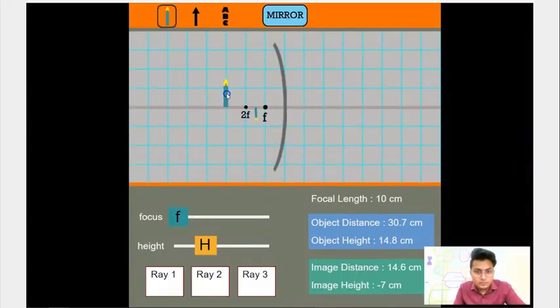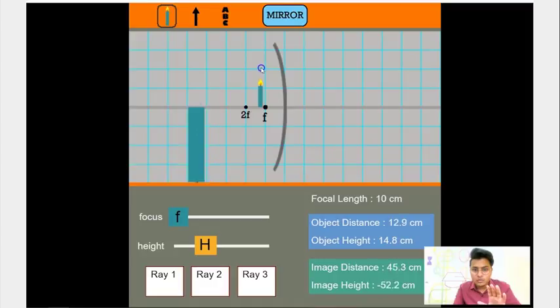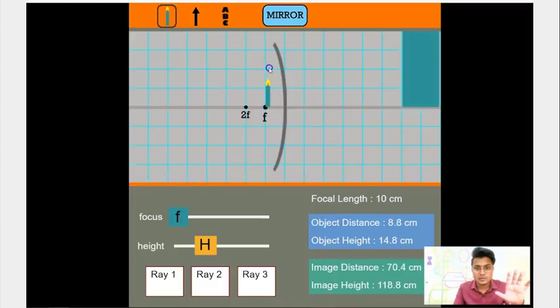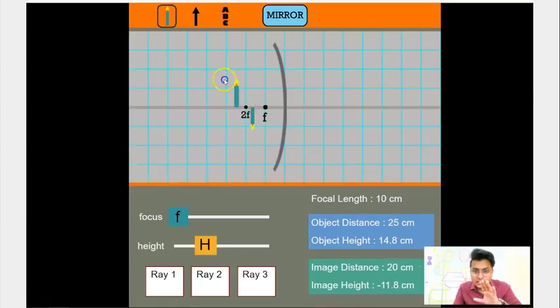And your v for concave mirror, for all the cases except the virtual image case, you can see that the image is being formed on the left hand side only.